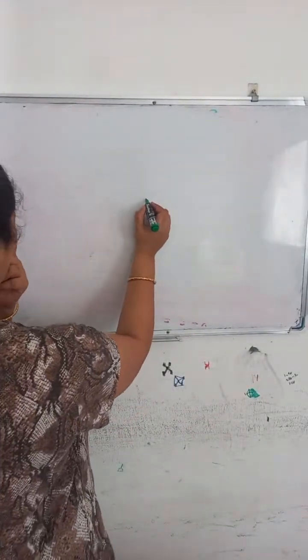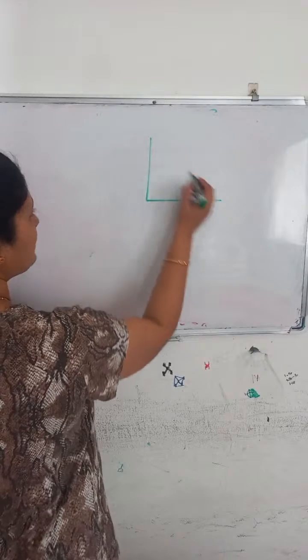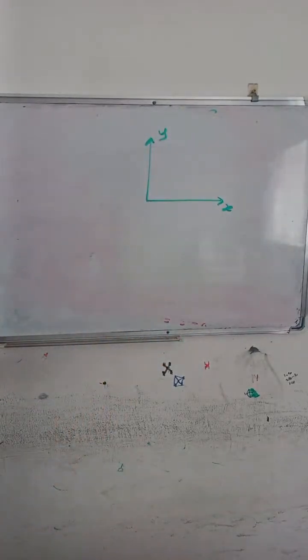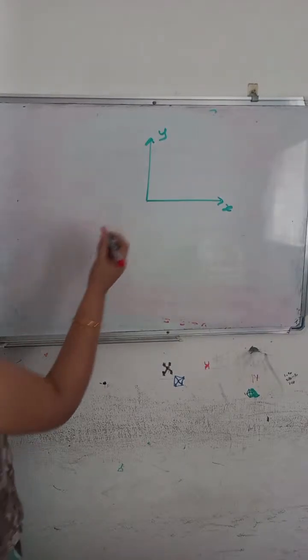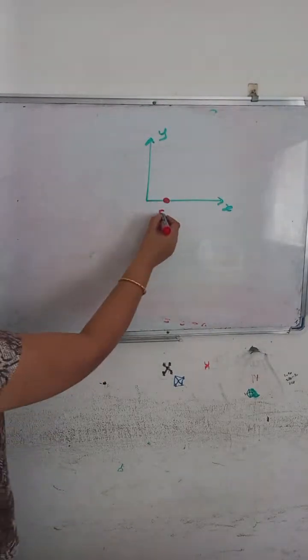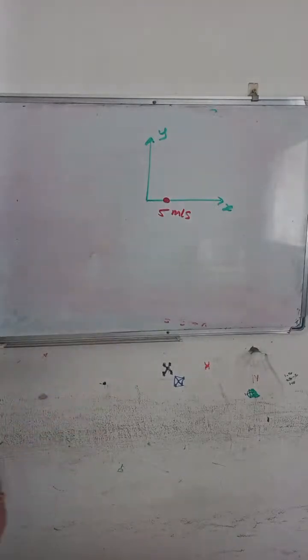I will draw the coordinate system here. This is the x-axis, this is the y-axis. The body is traveling along the x-axis with 5 meter per second.